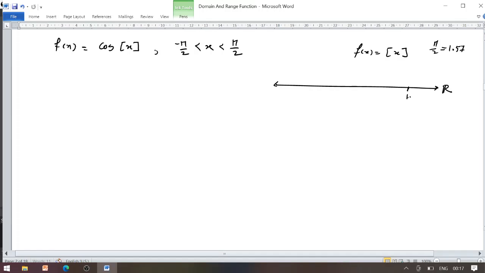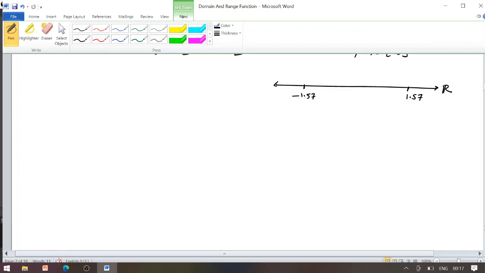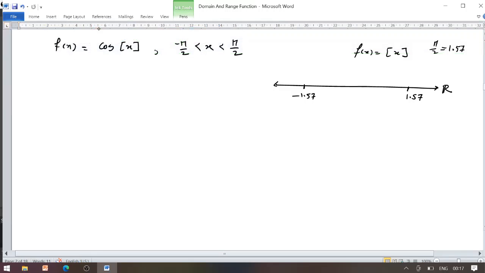So somewhere we have 1.57 on a real number line, and left of it we have minus 1.57. Now we have to find the subsets of the given domain. The greatest integer greater than minus 1.57 becomes minus 1.